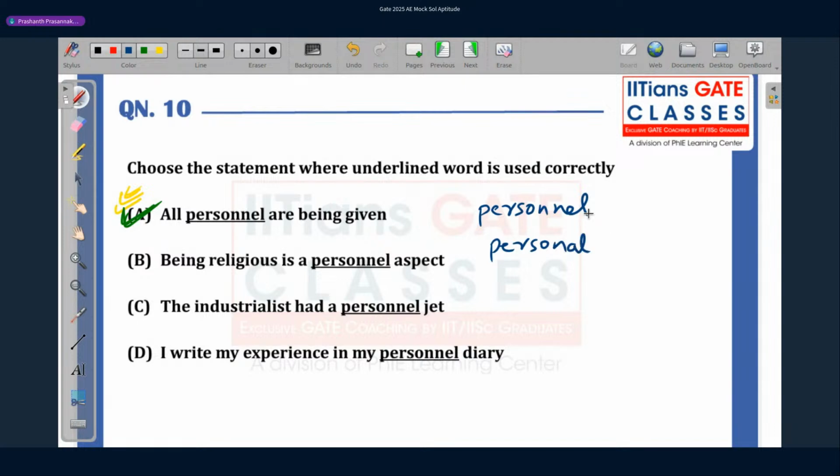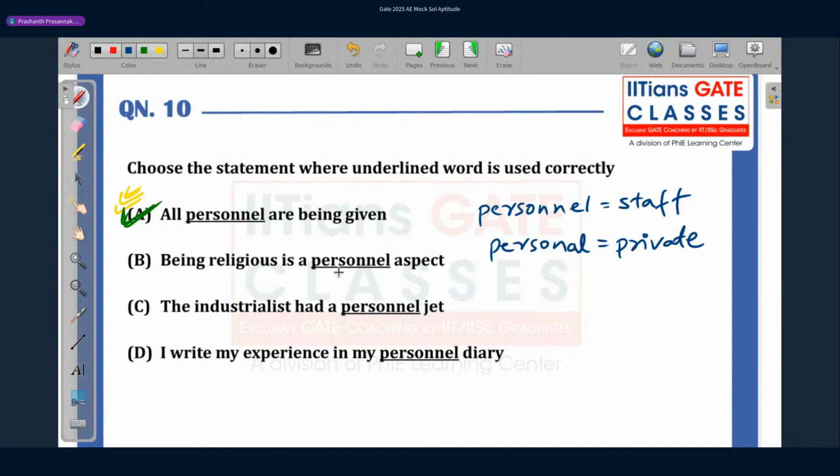Personnel means staff, the people who are working, staff which is attached to an organization or institute. And what can I say about personal? I simply call it private, concerning one individual person.